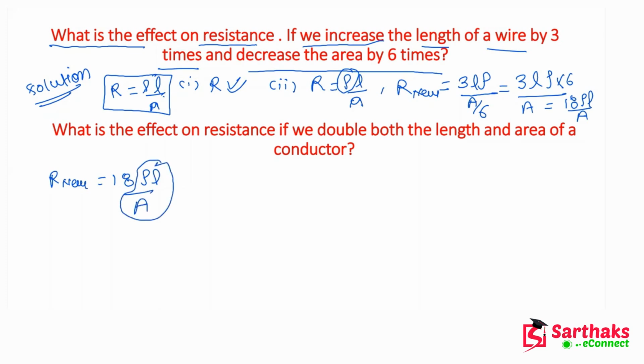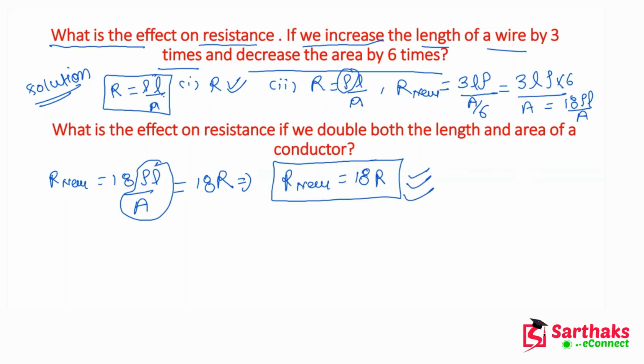This rho L by A is the value of the previous resistance, or you can say the old resistance. So you can replace this rho L upon A by R. So the answer is R new is equal to 18 times R. I hope you understand my point.